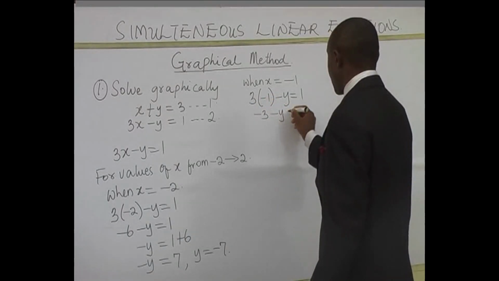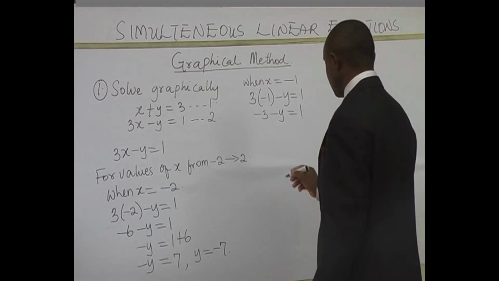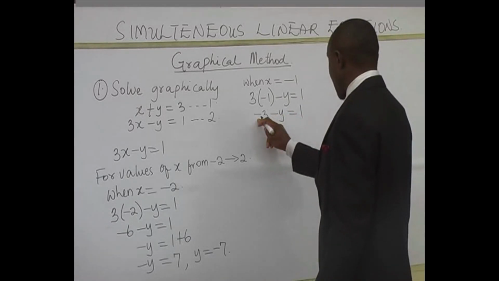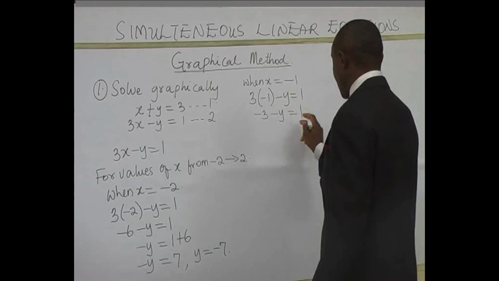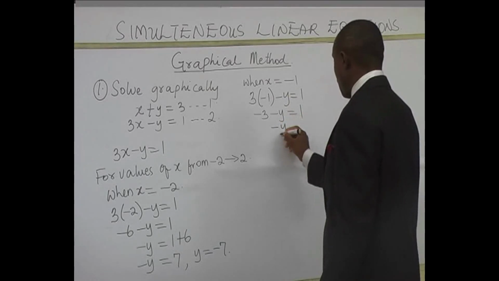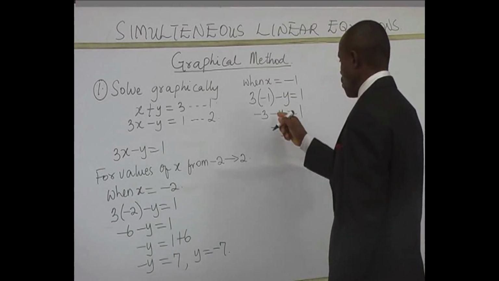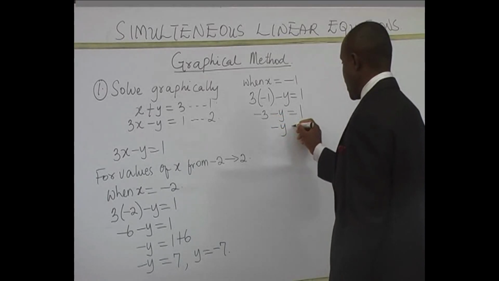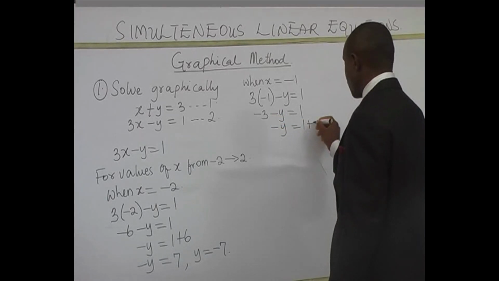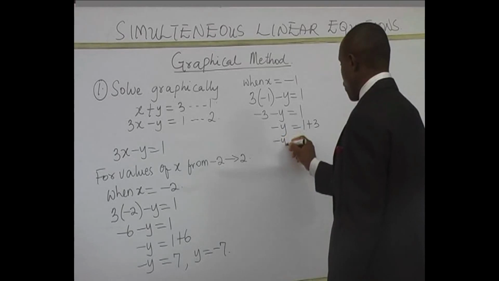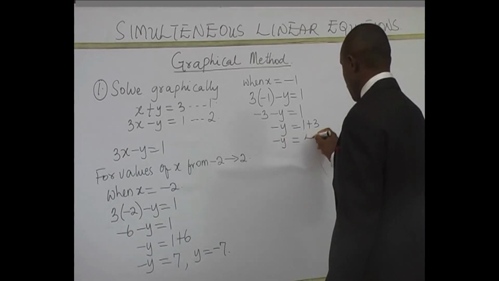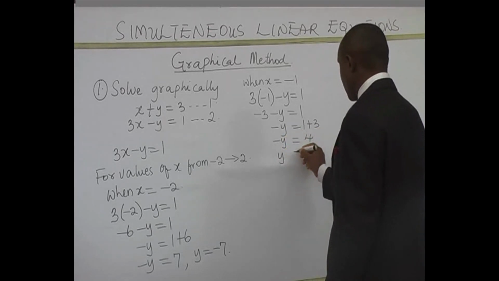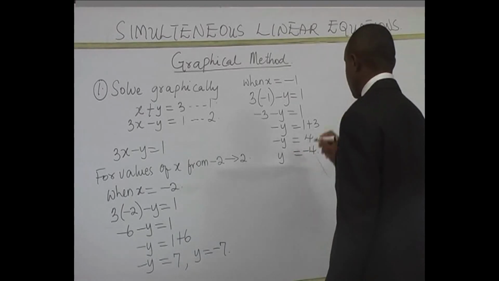Then minus y is equal to 1. Take minus 3 from the left hand side to the right hand side. Remember, if you change to minus, plus 3. So in the left hand side you have minus y is equal to 1 plus 3. Minus y is equal to 4. That means y is equal to minus 4.